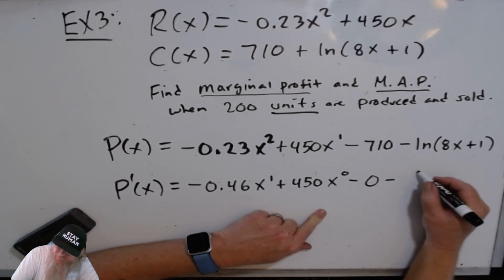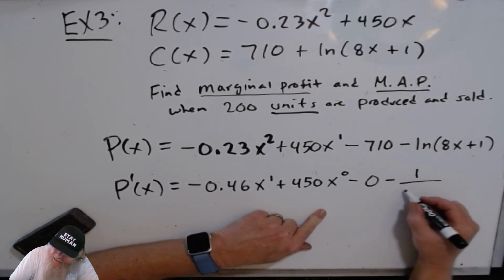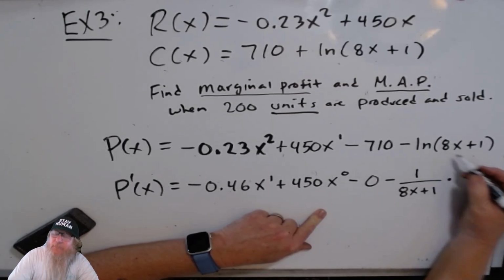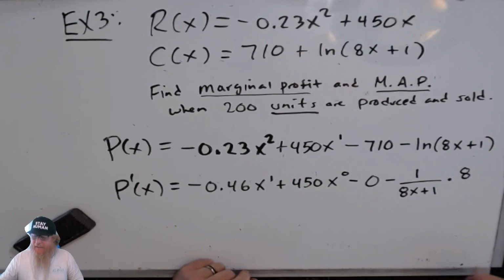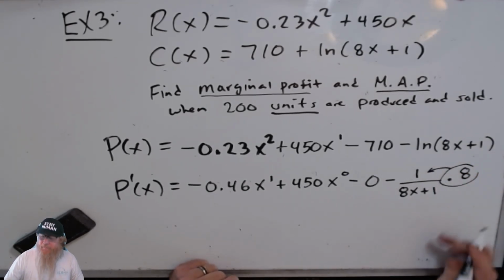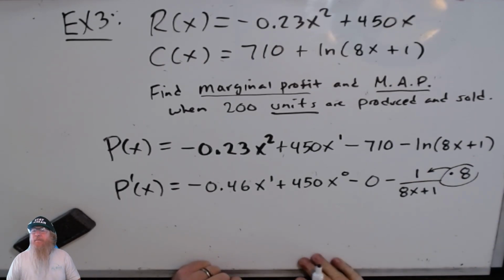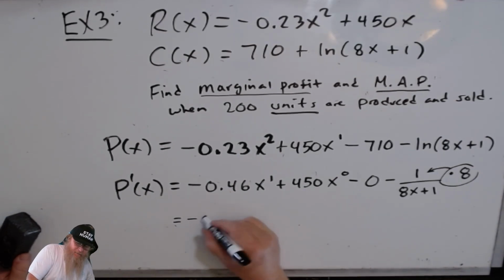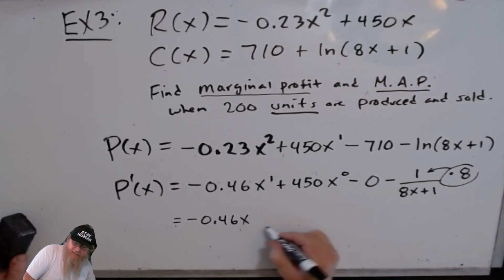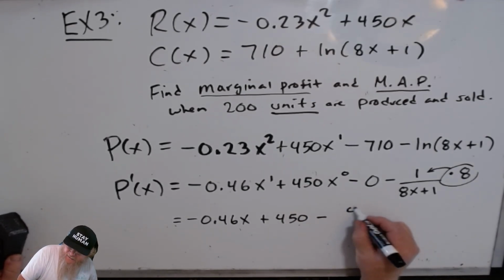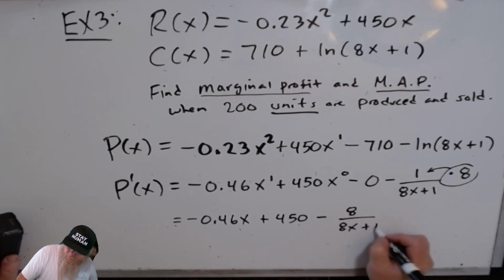And then this is that really easy derivative. ln is 1 over 8x plus 1. But then don't forget the chain rule, right? Times 8. And make sure the times 8 is up in the numerator. Sometimes it's better to write it up top like this. Okay. So this is negative 0.46 times x plus 450 minus 8 over 8x plus 1.